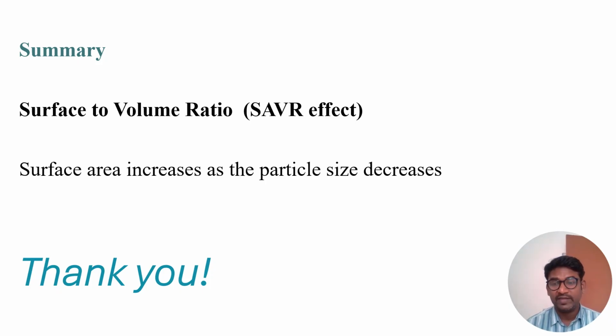You all know very well that surface area is very beneficial for any kind of catalysis application. So when you prepare or work with nanostructures, make sure that you reduce the size so that you can increase the surface area. So with this summary, thank you all for listening to this video.